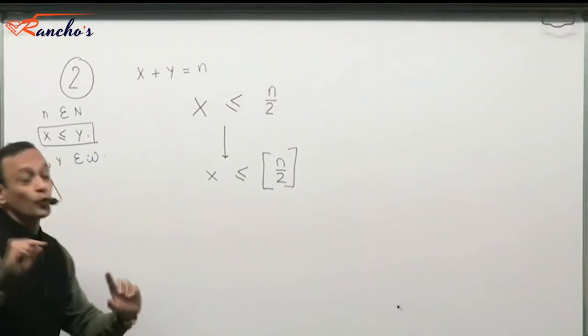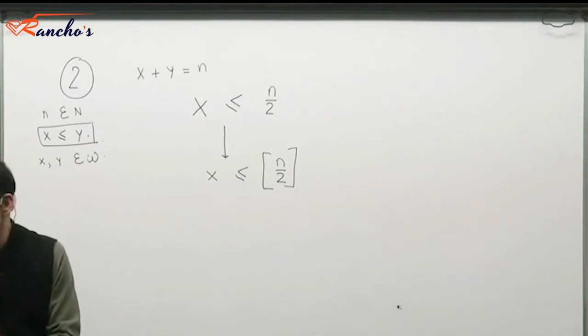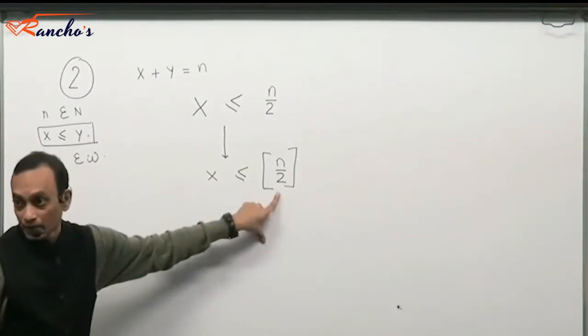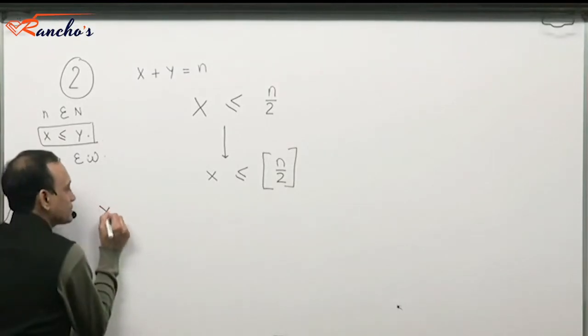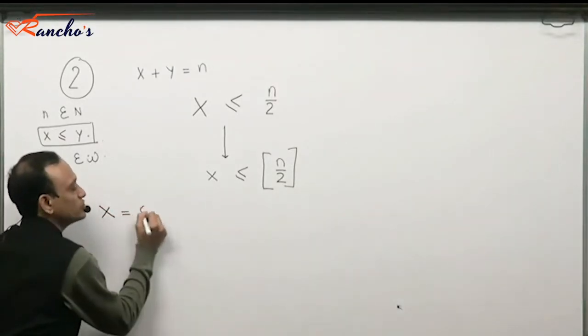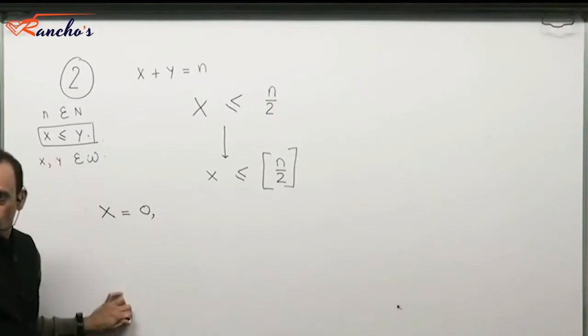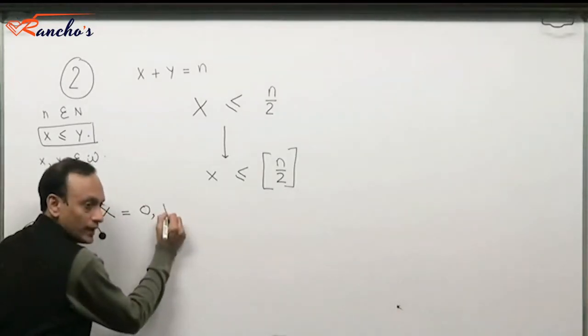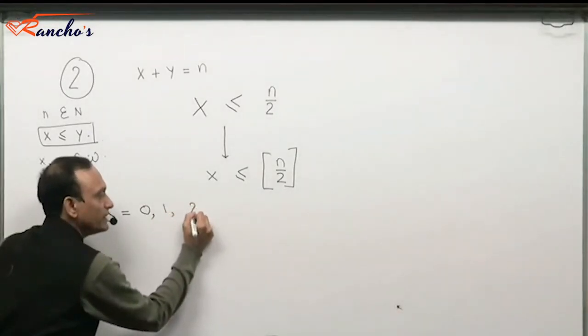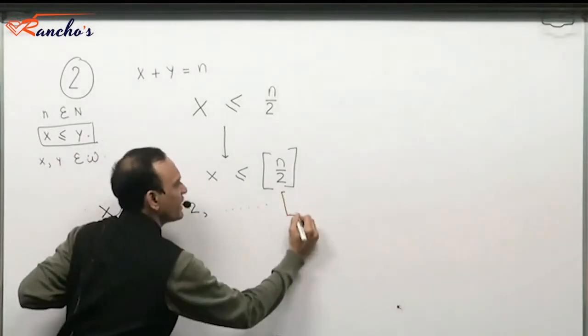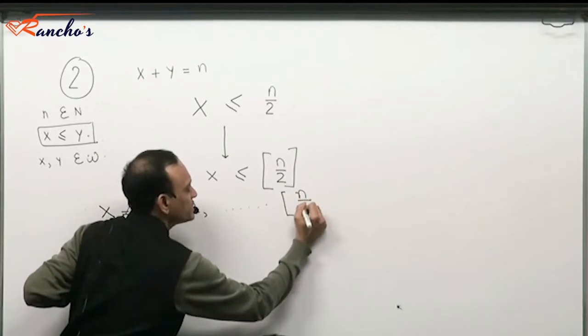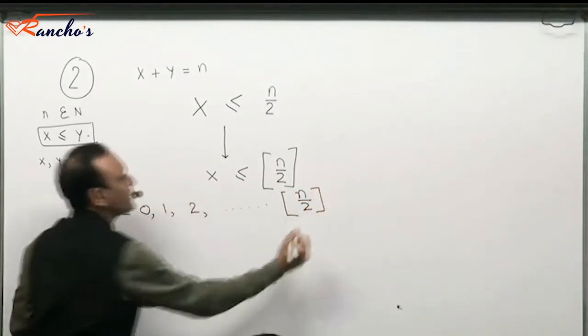That means, what are permissible values of x? This of course will be a whole number. X can assume a value 0. X can assume a value 1. X can assume a value 2. And the largest integer value that x can assume is the integer part of n by 2, box of n by 2.